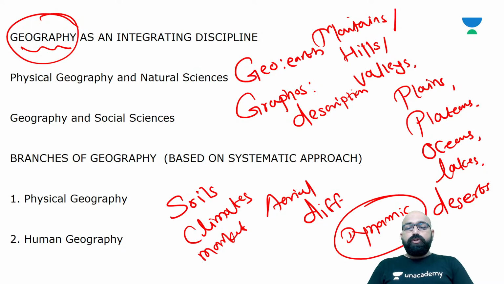Primitive human societies were directly dependent on their immediate environment. So geography is concerned with the study of nature and human interactions as an integrated whole. Friends, I hope now you have understood the importance of the geography subject in general view.